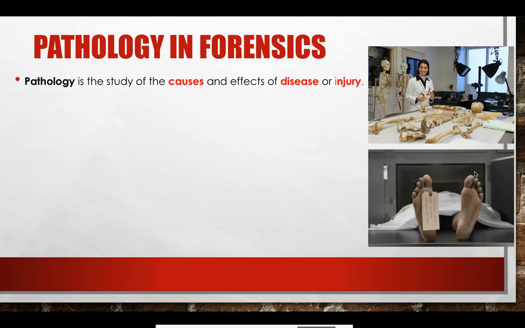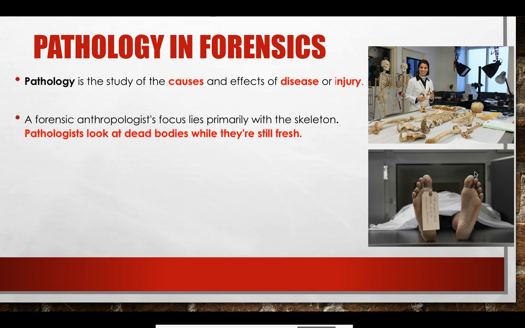All right. So pathology is the study of the causes and effects of disease or injury. So pathologists are typically people in white lab coats, studying diseases or different bodies to see how they passed on and why, and researching these things.